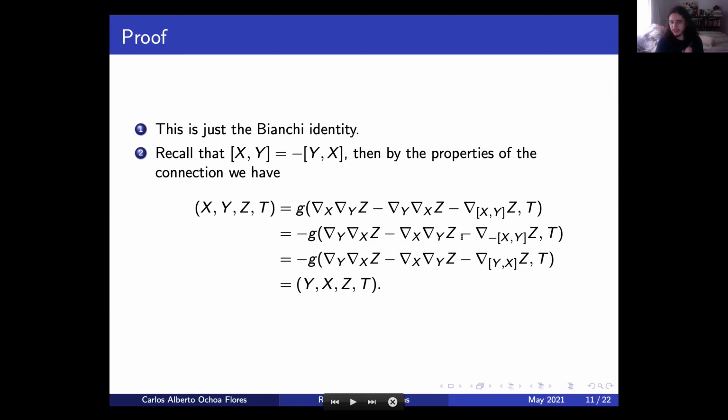So the sign stayed the same, but this term changed a little bit. Then we use the anti-commutativity, and we arrive at this, and that's exactly the curvature or the Riemann tensor evaluated in y, x, zeta.